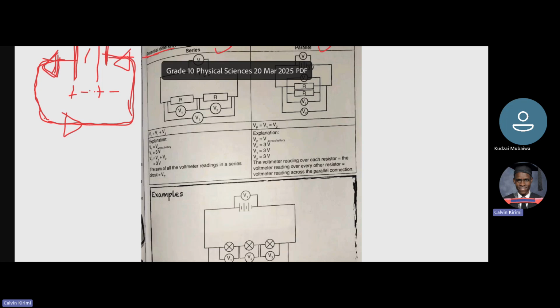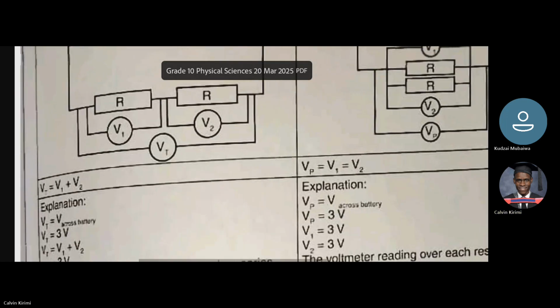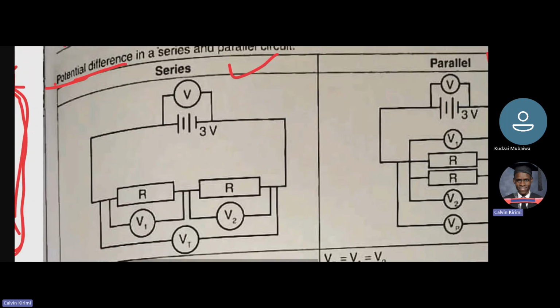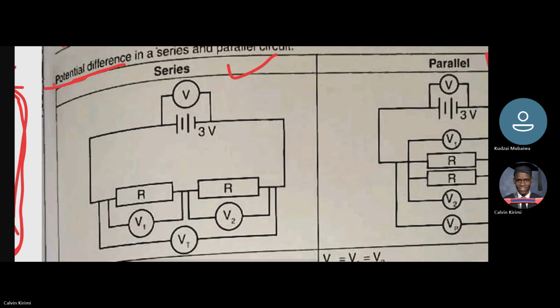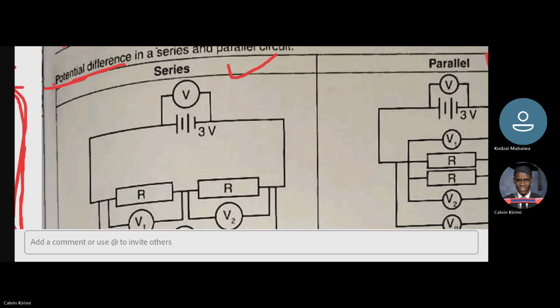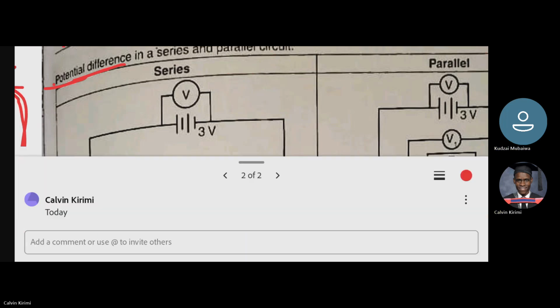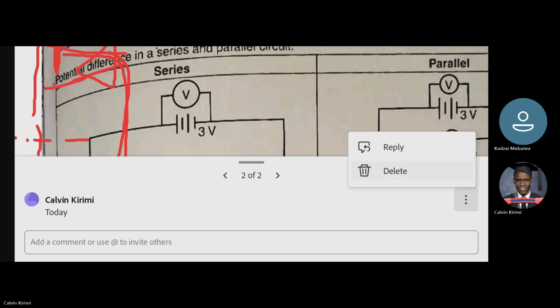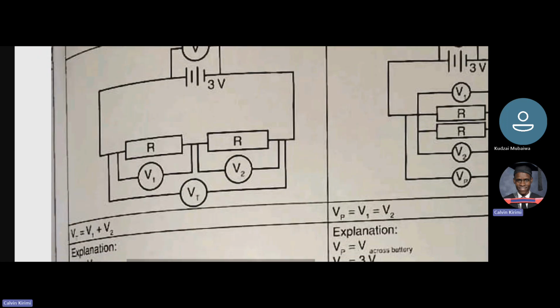So when they were measuring voltage, for example, here, you are seeing there's V1 and V2. Can you see V1 and V2? Yes, sir. V1 and V2, what are they measuring?